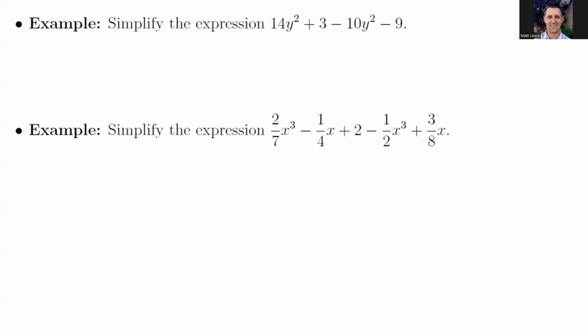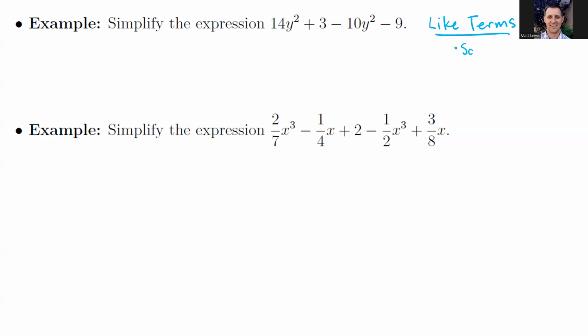So what I want to talk about now, though, is when we have polynomials, we do want to make sure that they are in the most simplified form that we can get them. And so what that means is combining like terms. So first of all, when we're talking about like terms, there are two requirements.